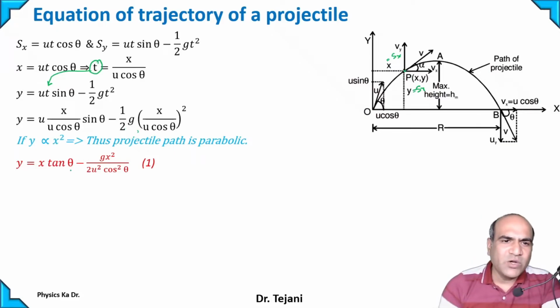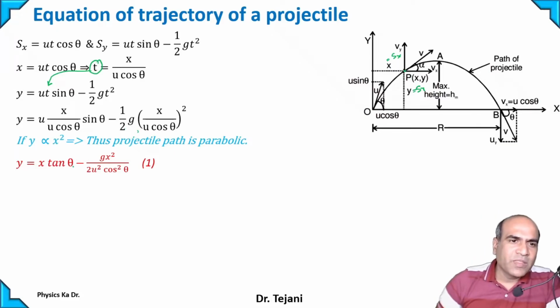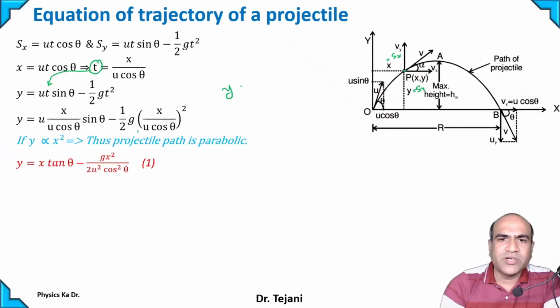See, here we need to have one important conclusion. If y is proportional to x square, then the projectile path is a parabola. We know that if there is a relation y is proportional to x, it is a linear movement.